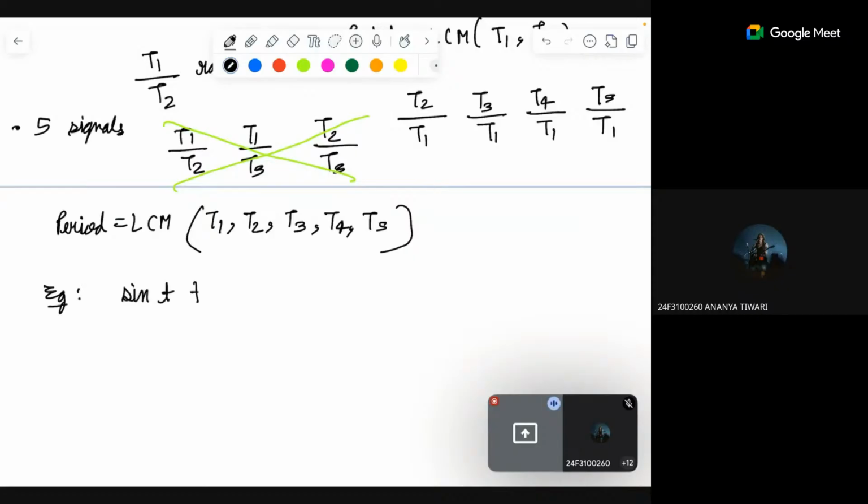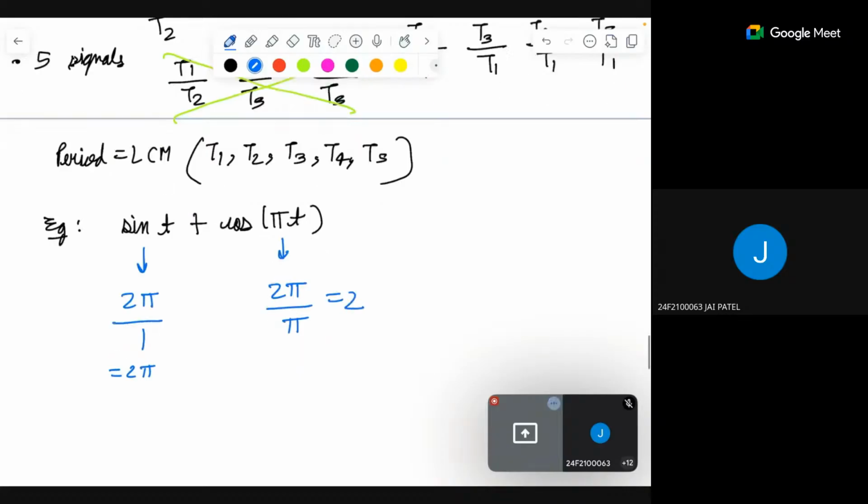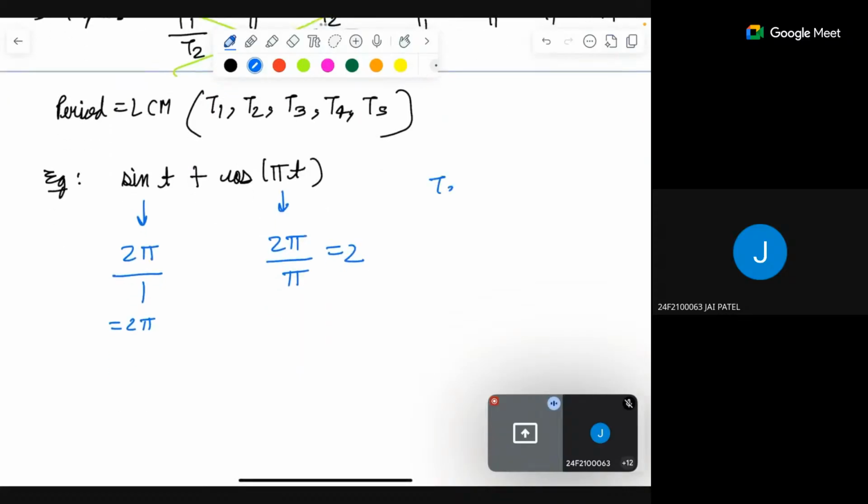So I have sine t plus cos pi t. Can someone tell me the period of sine t? 2 pi. Yes, correct, 2 pi divided by 1, 2 pi. What about cos pi t? What is the period? 2. Yes, 2 pi divided by pi, so it is 2. Now I calculate T2 by T1.